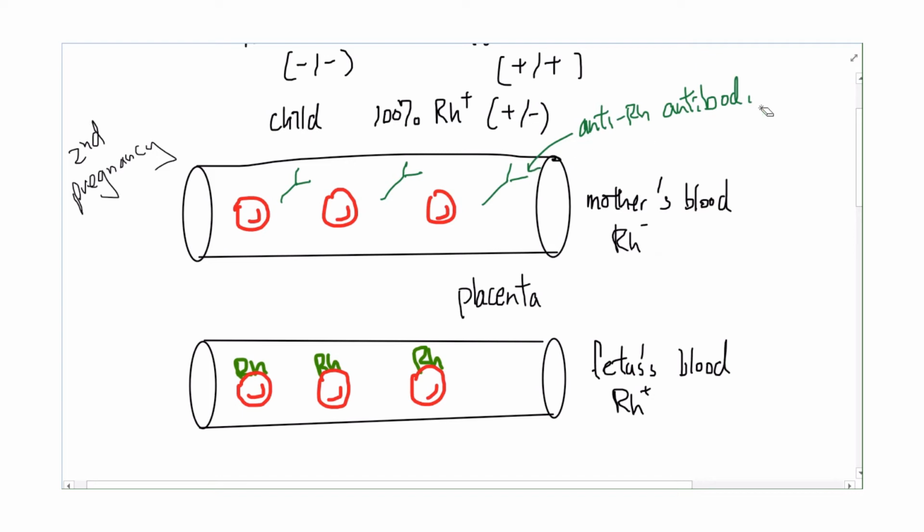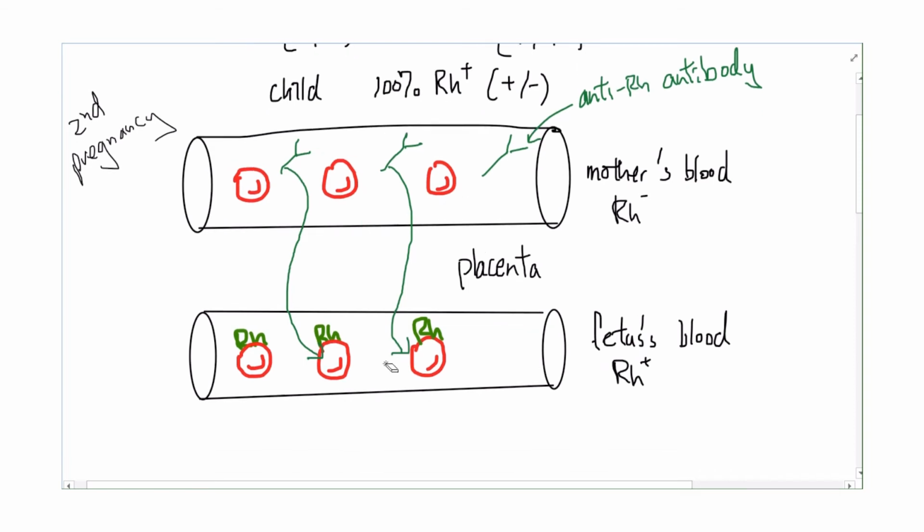Due to the sensitization. The fetus will still be Rh positive, and so what happens during this second pregnancy is that the anti-Rh antibodies produced from the first pregnancy will cross the placenta, and then they will attack the baby's Rh positive blood, and that could lead to hemolytic disease of the newborn.